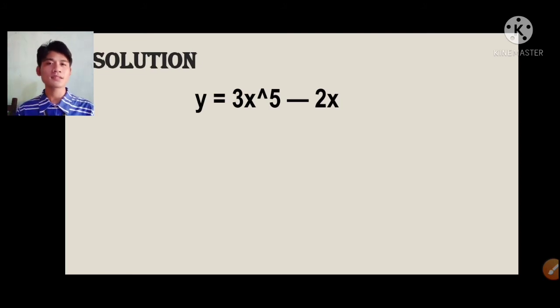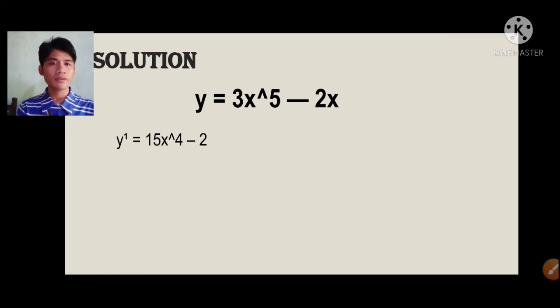So, solution. First is the given. We need to rewrite the given, since the given is in the last slide. So to avoid conflict, we must rewrite the given, which is y equals 3x raised to the power of 5 minus 2x.